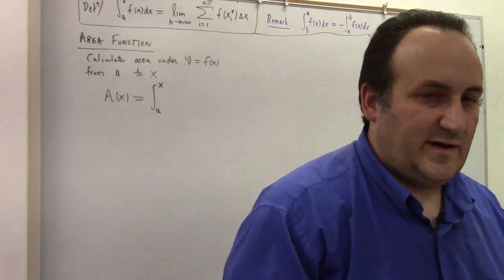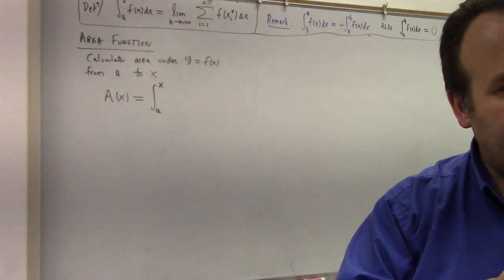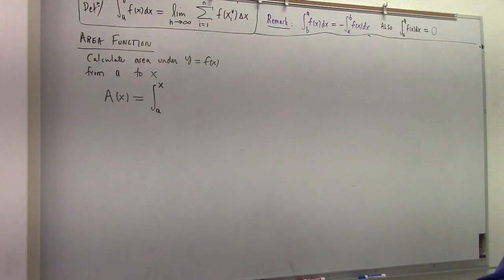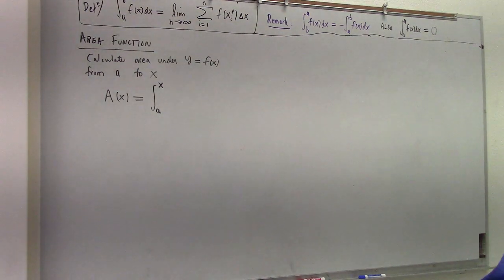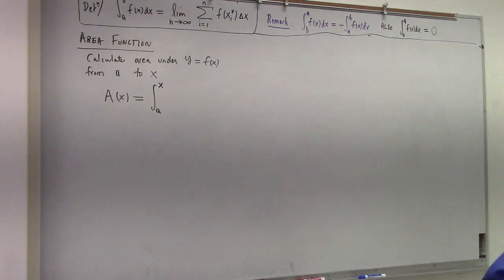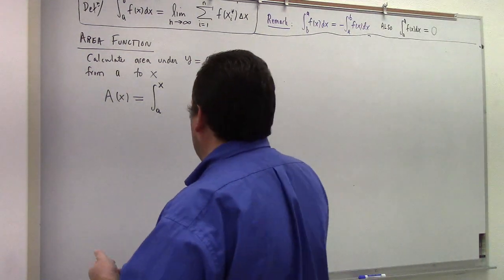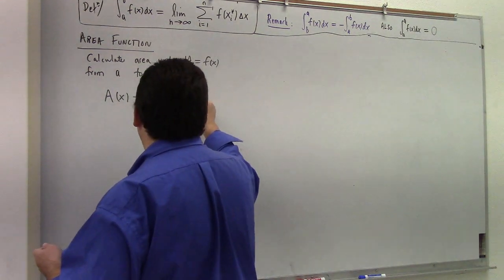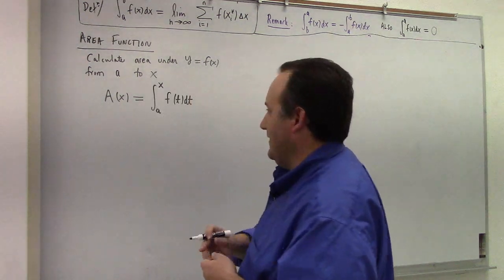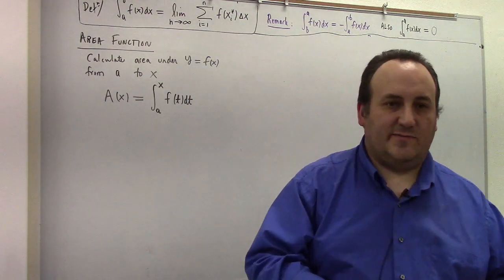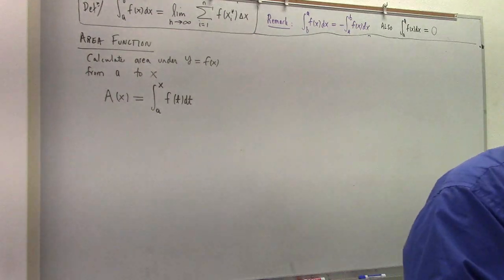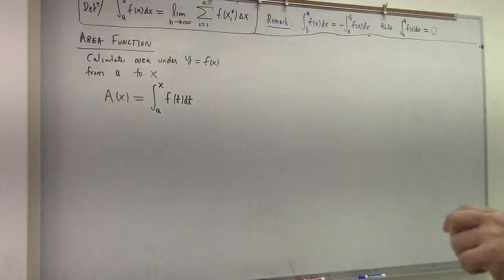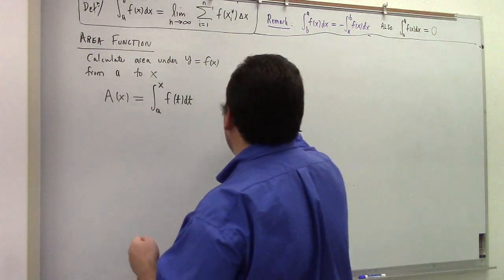But the trouble is, I'm thinking of x as a specific value, right? So I shouldn't use that same x for the integration. So I change the letters here, and I say, well, like f of t dt, right? I kind of want to write f of x dx there because that's what we've been doing, but I shouldn't do that because x is the specific point we're calculating the area to.